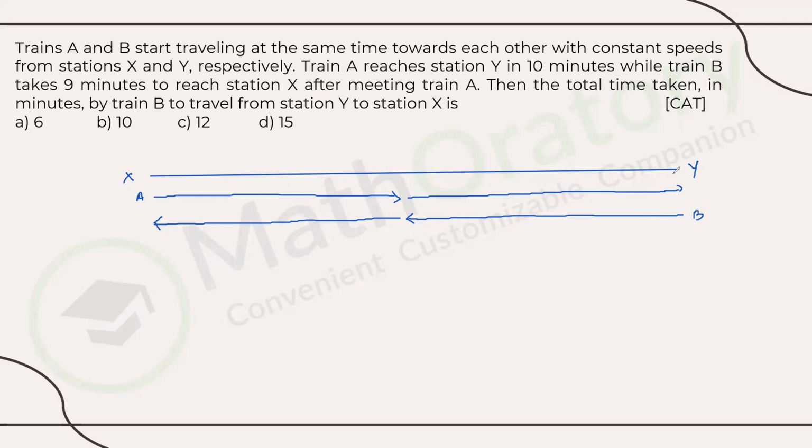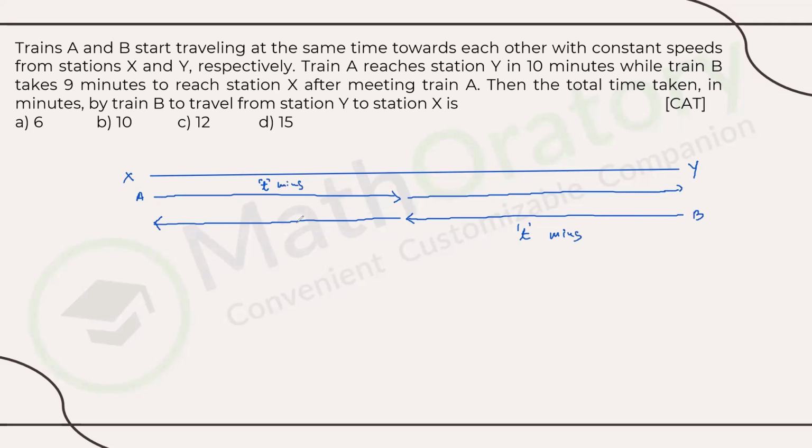Now, train A, the total time is 10 minutes, but let's not rush into that. We know that A and B started at the same time and reached this point at the same time, right? Since the perspective is to figure out B, let's focus on B a little bit. So B takes, suppose, T minutes to meet train A. Then train A should also take T minutes to meet train B.